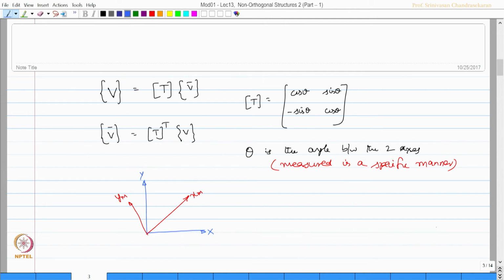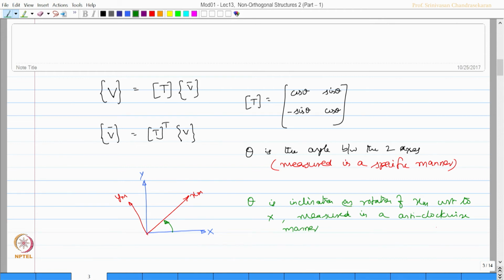And therefore, theta is the inclination or rotation of x m with respect to x measured in an anti-clockwise manner. That is very important.